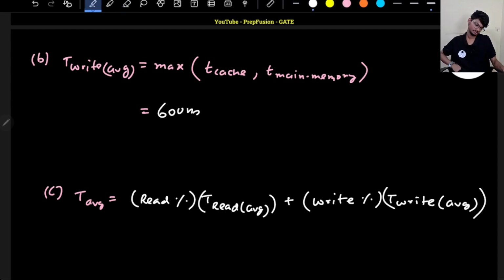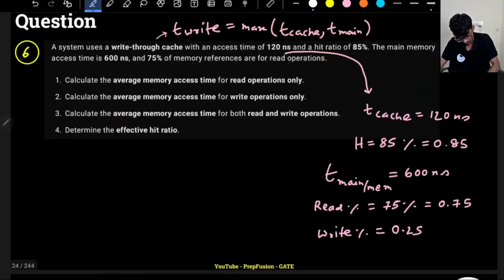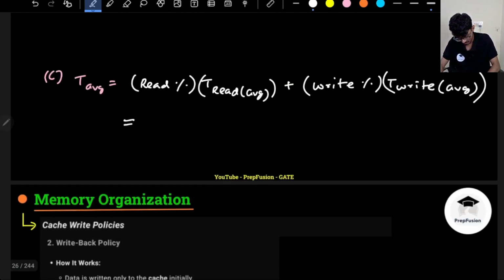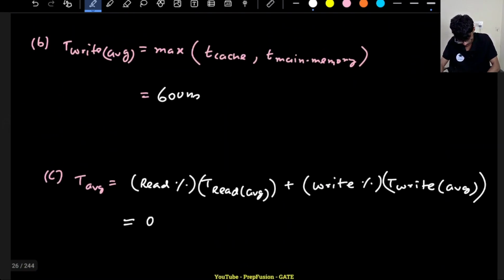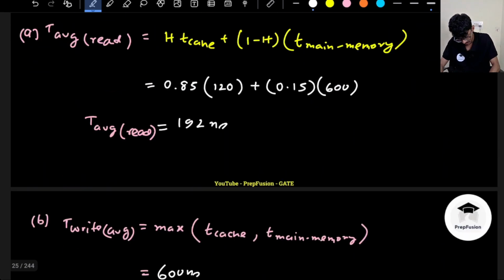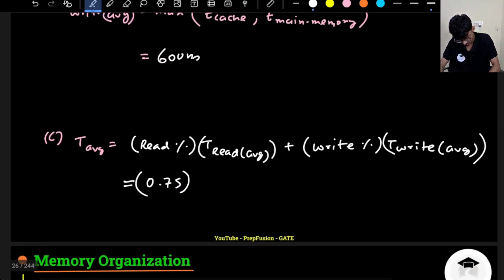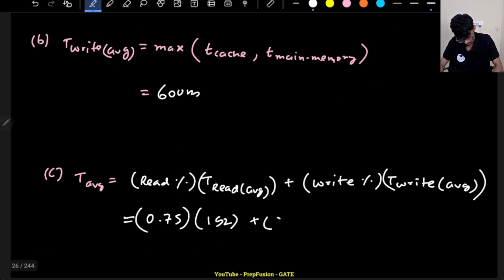So simple, right? 75% of the time we are reading and 25% of the time we are writing. So it will be 0.75 into the T read average. T read average is 192 nanoseconds, plus 25% of the time we are writing, so 0.25 into T write average. T write average is 600 nanoseconds.